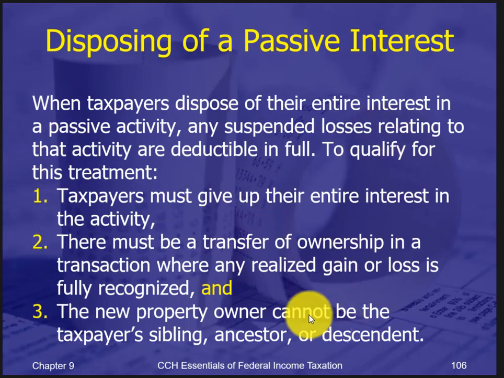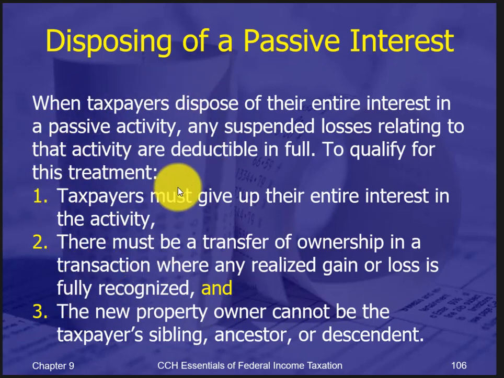So you have to give up your whole entire interest. And it can't be a trade or something like that. We'll talk about later where you don't have to record the gain or loss, and you can't do it with family. Otherwise, people would get around this rule by just transferring ownership between family members.